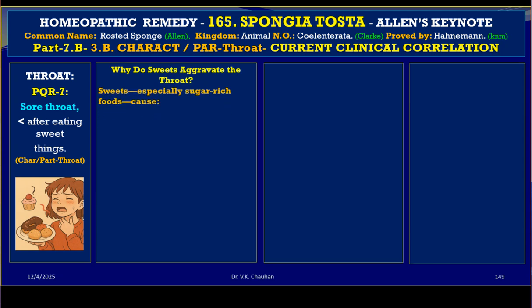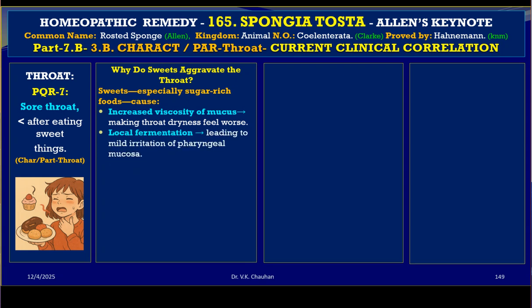Why does it happen so that sweet aggravates the cough? Sweet is specifically a sugar-rich food, and it causes increased viscosity of the mucus, making throat dryness worse. Then local fermentation occurs because you have the sweet in the mouth and throat, and mild irritation of the pharyngeal mucosa occurs because of this local fermentation.